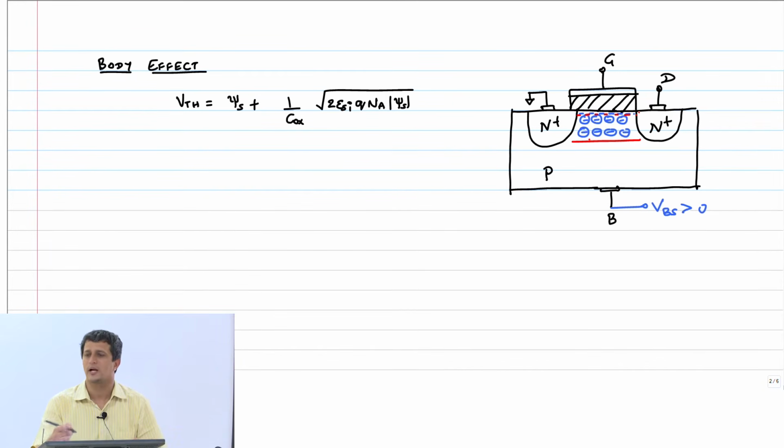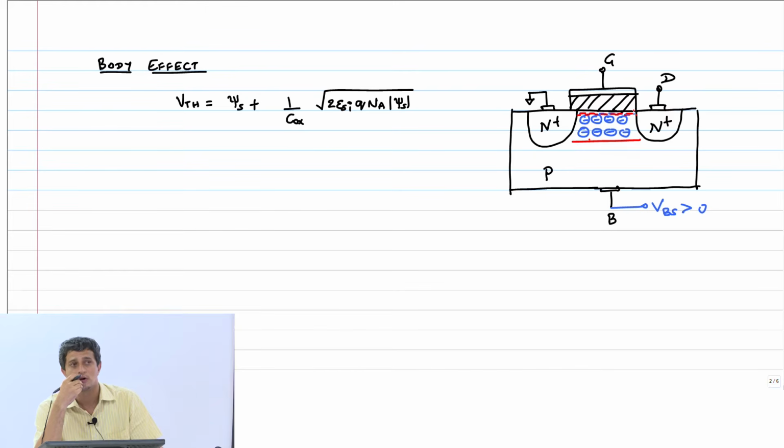Just like we said, if gate potential goes positive, you start getting some negative charges at the channel. Similar thing will happen here. This is again only an abstraction, it's not a physical picture. So you can treat this like a back gate, and therefore if VBS is greater than 0, I will already get some negative charges. Now what should happen to the threshold voltage of this transistor?